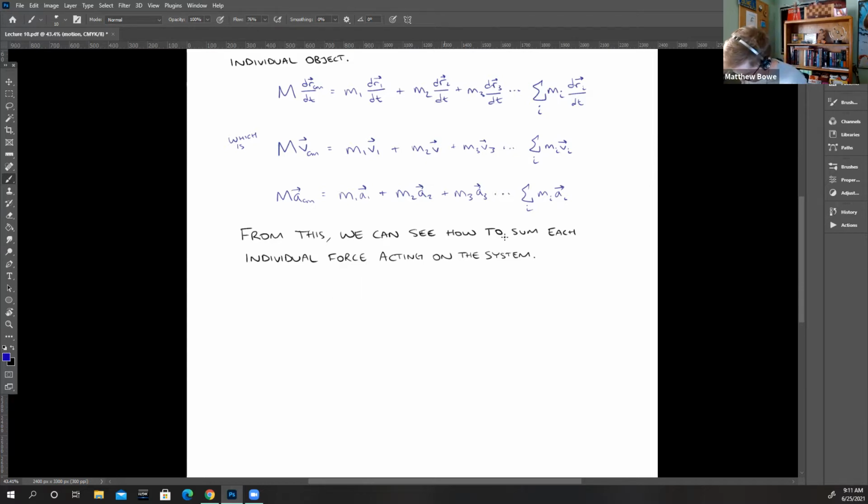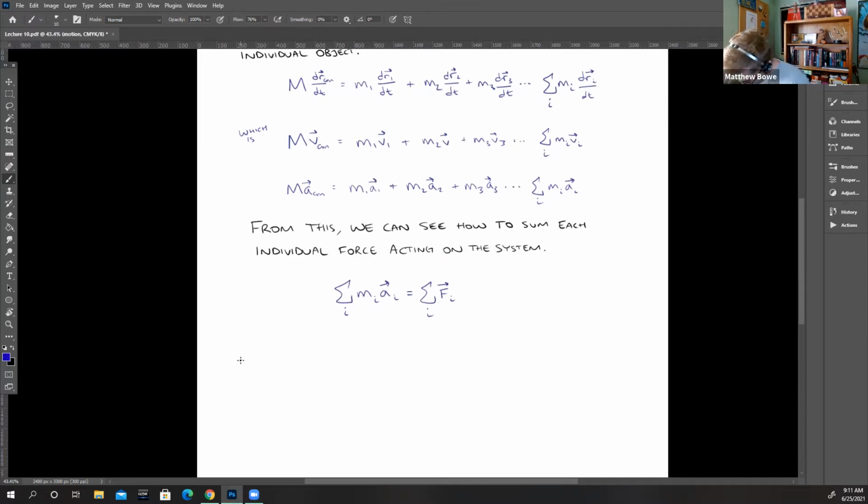So jumping from this step right here, that's me adding up all of the forces acting on all of the particles within the system. I'll go in general.